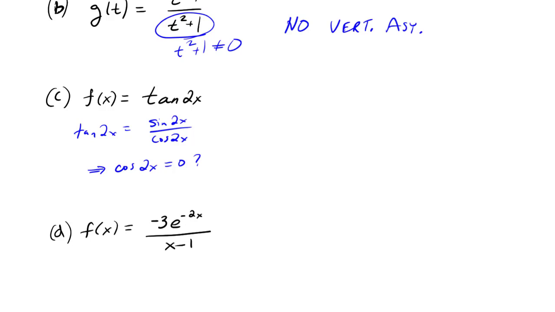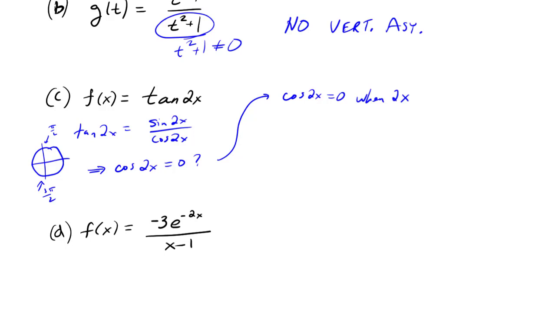Well, cosine 2x equals 0 when x, all right, well, first let's start with 2x. So when is cosine equal to 0? Well, if you think a unit circle, that's at your pi over 2 and your 3 pi over 2.